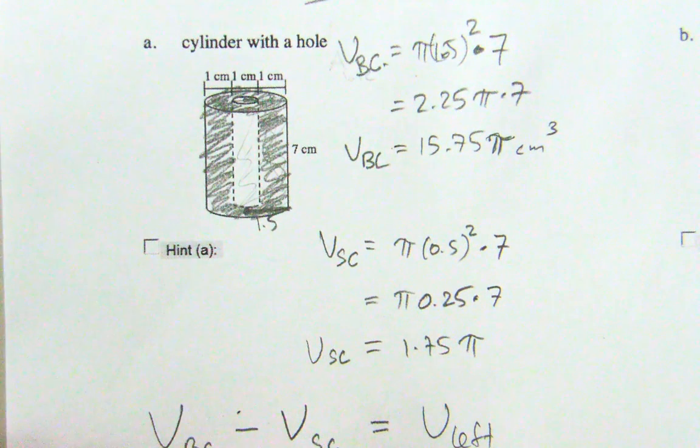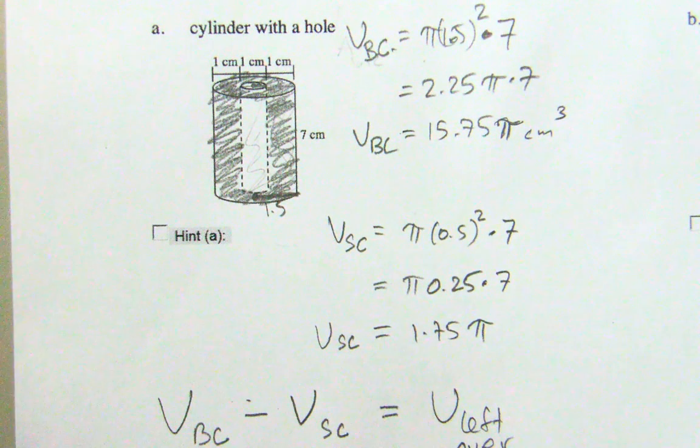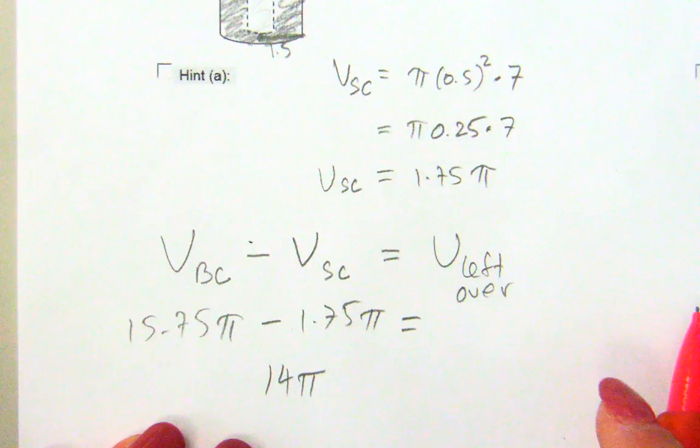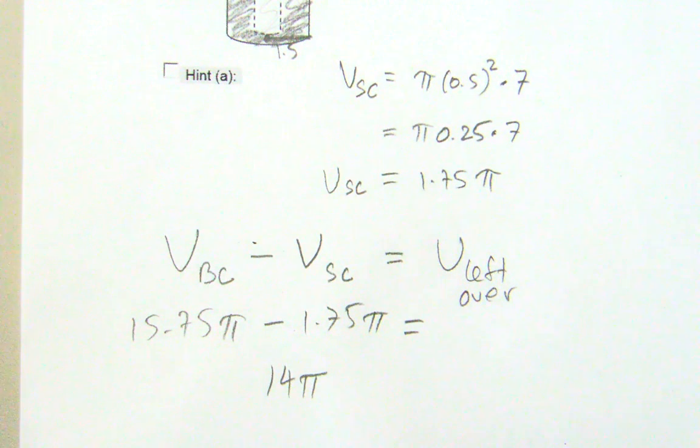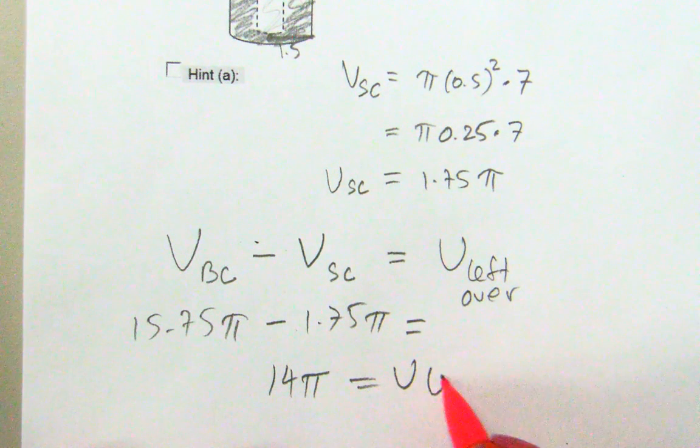So volume of the big cylinder is 15.75 pi minus 1.75 pi. So that's going to be 15.75 minus 1.75. They both have pi, so I can just subtract: 14 pi. If they didn't both have pi, I couldn't do this. It's like 15.75x minus 1.75x, so that's just 14x, or 14 pi, is the volume that's left over.